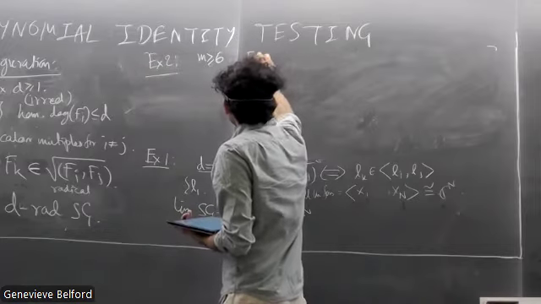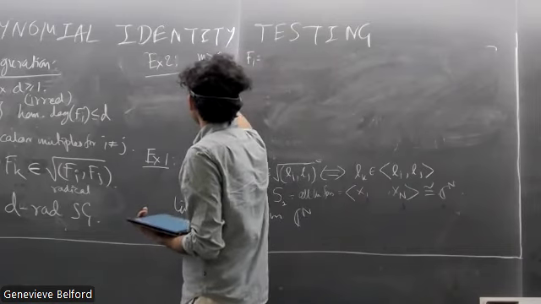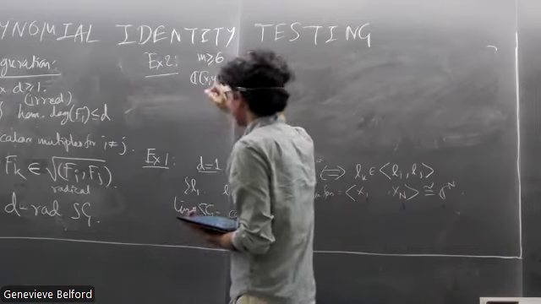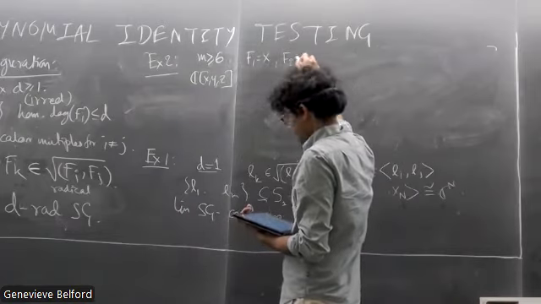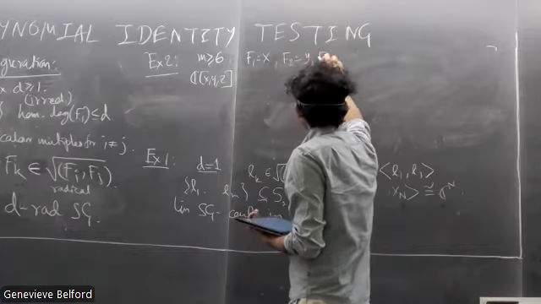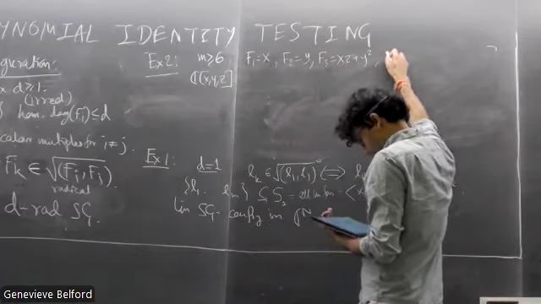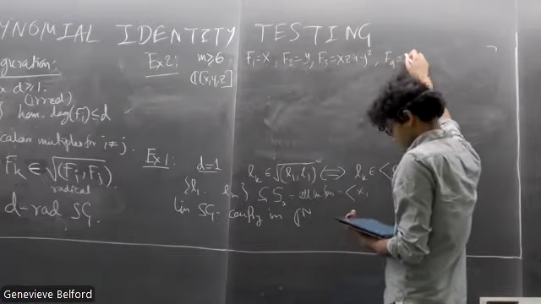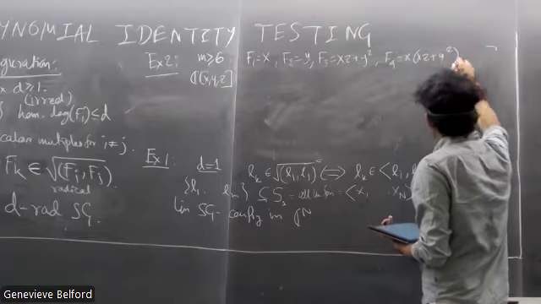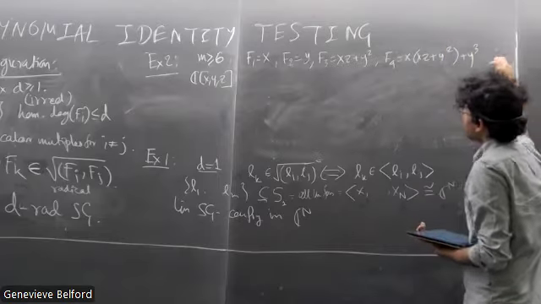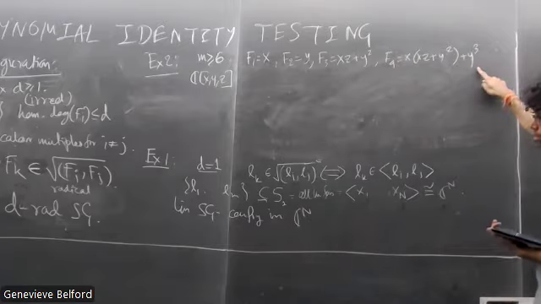My polynomial ring will be C[X, Y, Z], a 3-variable polynomial ring. My first polynomial is X, second polynomial is Y, third polynomial is XZ plus Y squared, and my fourth polynomial is X times (XZ plus Y squared) plus Y cubed. You see that they're all homogeneous, of degree 1, 2, 3.